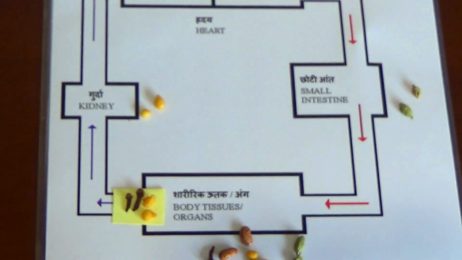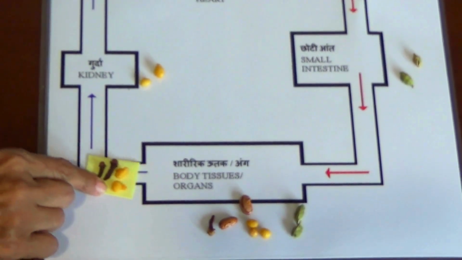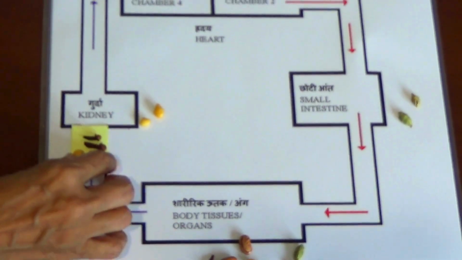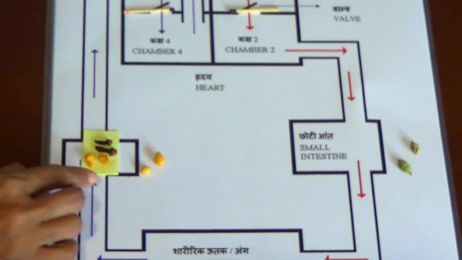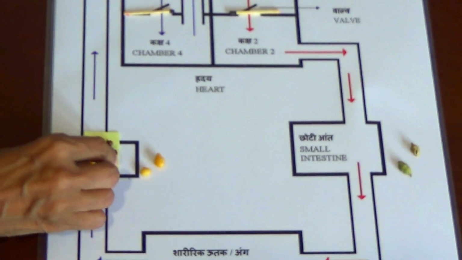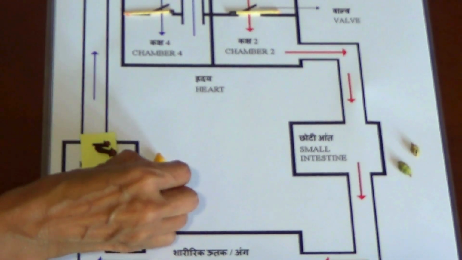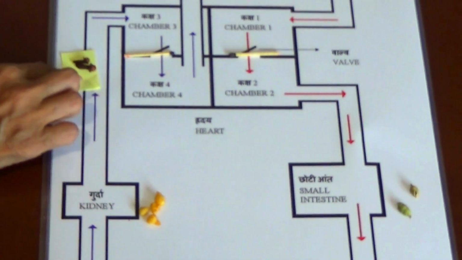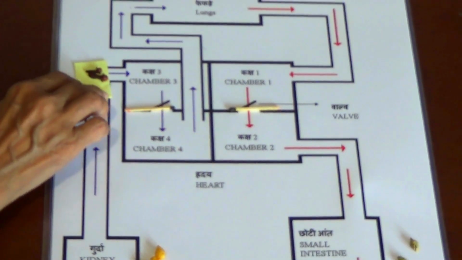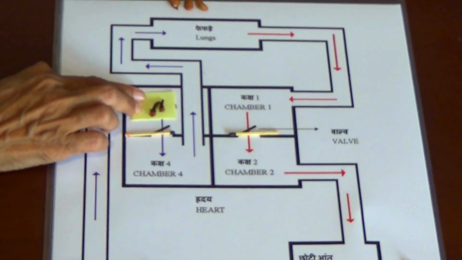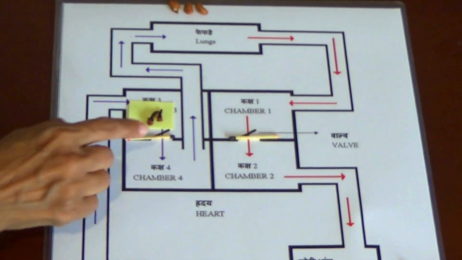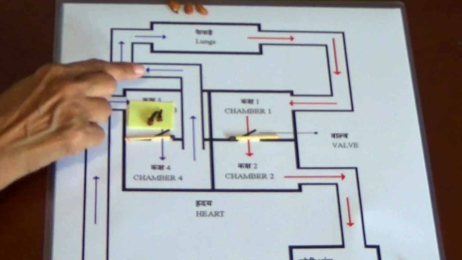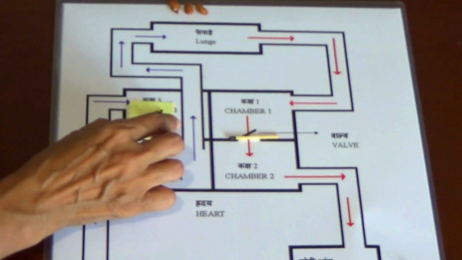This deoxygenated waste-carrying blood now starts on its backward journey. Wherever it passes through kidneys, the urea and excess water are taken out, and the deoxygenated blood through veins goes back to the heart once again into another collection chamber, chamber 3. Here again the valve prevents its flow till the chamber is filled up.